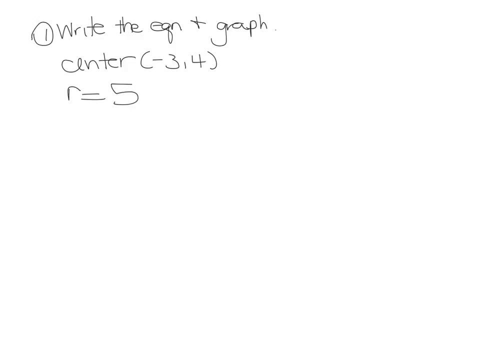So feel free to pause it, try it on your own, and then hit play when you're ready. And hopefully we come up with x minus negative 3, therefore (x plus 3) quantity squared plus (y minus 4) quantity squared equals 5 squared, or 25.